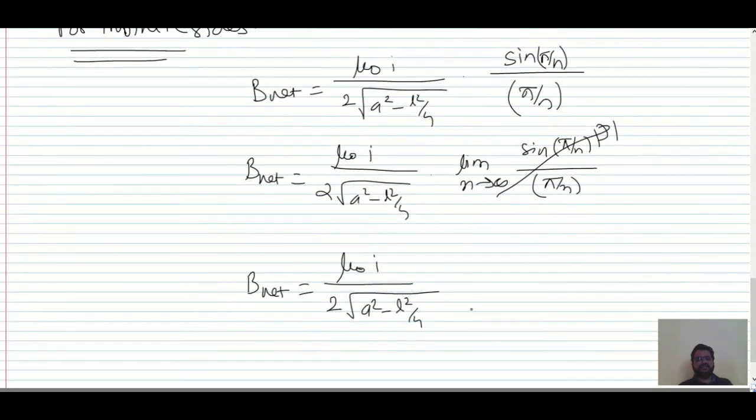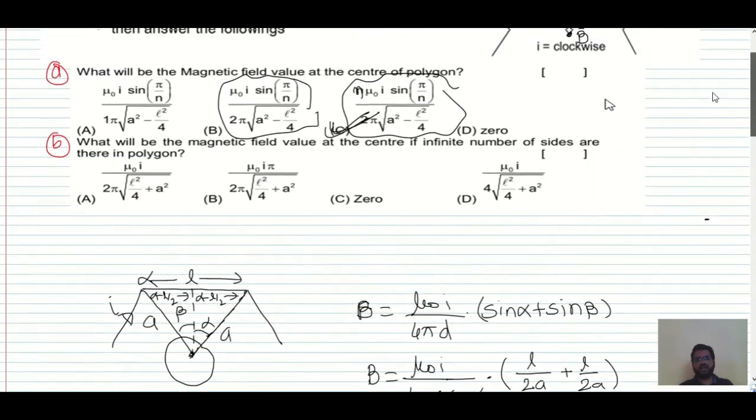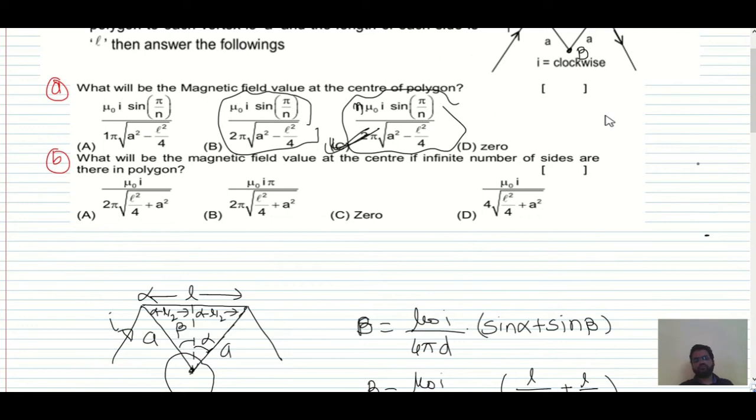Okay. So L is tending towards what then? If we have an infinite number of sides, then L will tend towards this, A will become the radius and L will become 0.